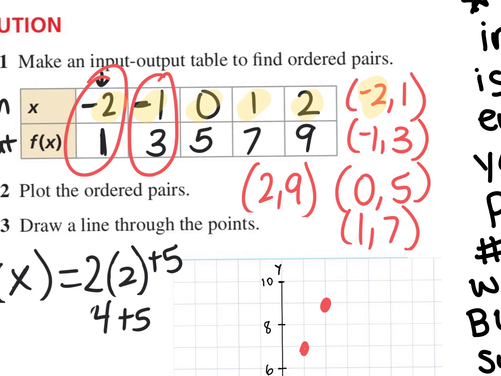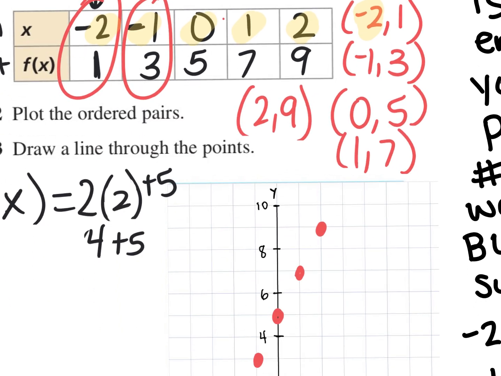If I wanted to, could I have plugged in 1/2? Sure, I could have. I wouldn't want to because it would be more work to plug in a fraction, but I could have. Could I have plugged in 1.3? Absolutely, I could have. So my point is, this is not discrete data, this is continuous, right? It's all the fractions and decimals in between.